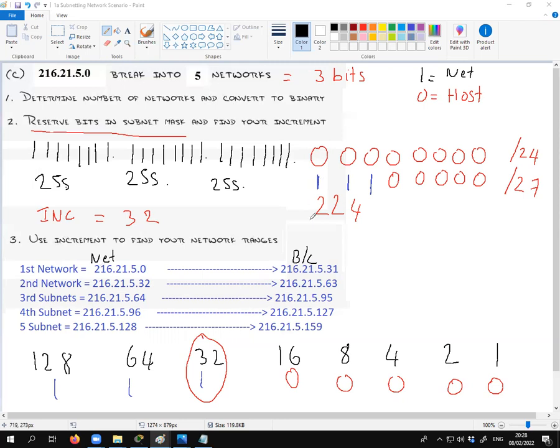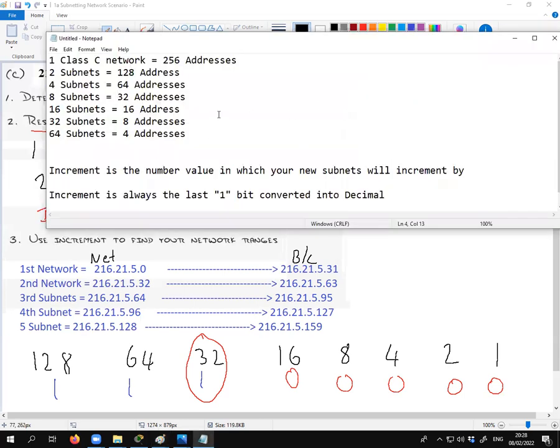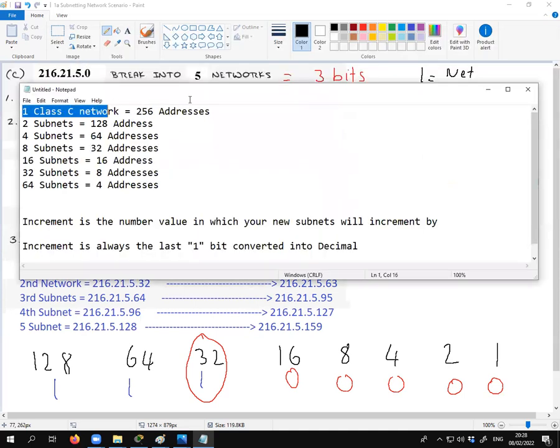Okay, and the new subnet mask is going to be 255.255.255.224. So if we get the table here, where did we start? We started off with one class C, which by default has 256 addresses, and we divided that network into at least 8 subnets.